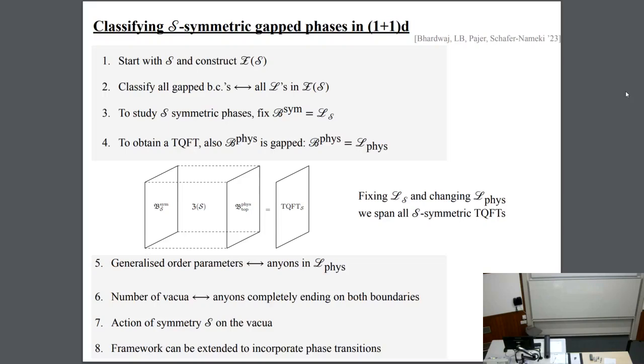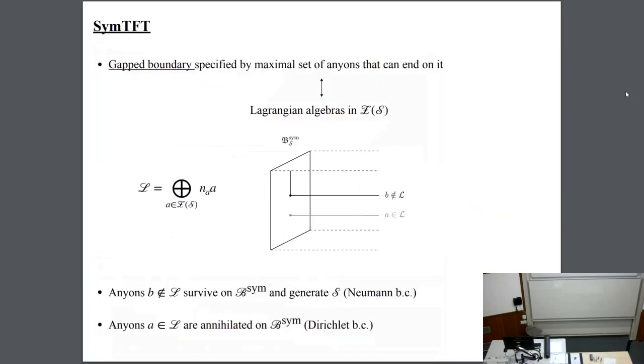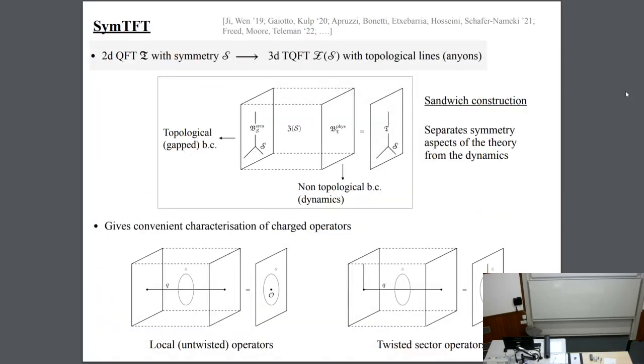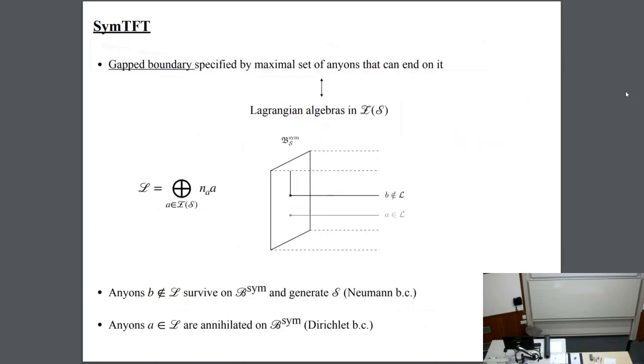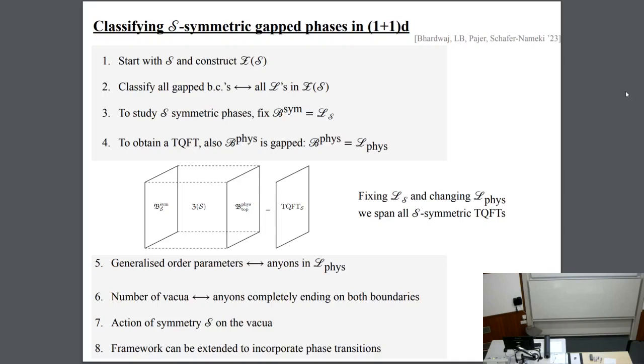For example, I can define generalized order parameters, like the standard Landau paradigm order parameters, but for non-invertible symmetries. And as I was saying, the charged operators are characterized by lines that end on the physical boundary. So these are going to be given precisely by the anyons that appear in this physical Lagrangian algebra.